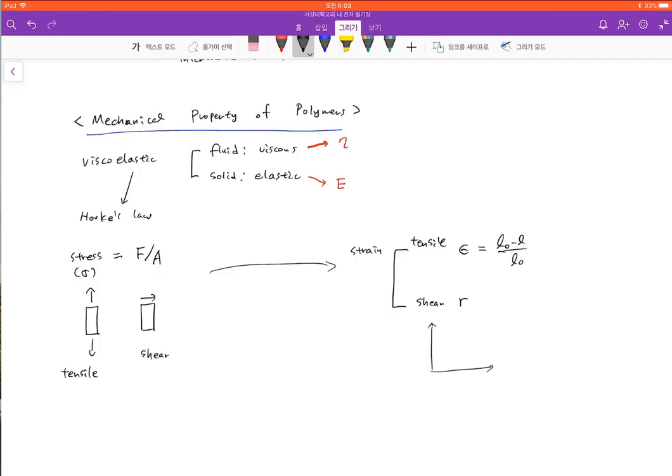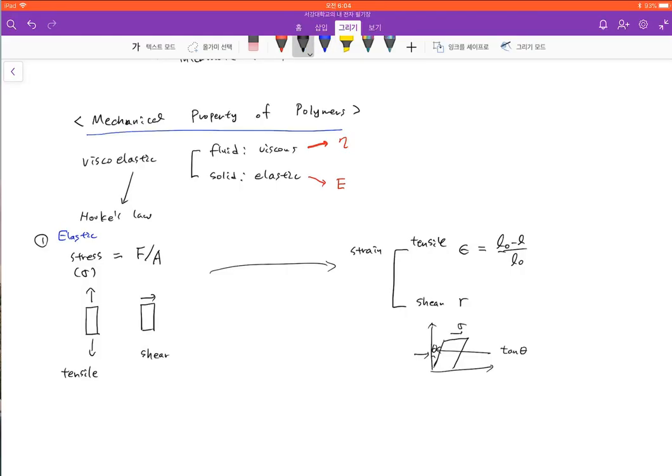If you apply shear stress, the sample would be pushed this way. So there will be some angle, so tangent theta will be considered in dealing with shear strain.